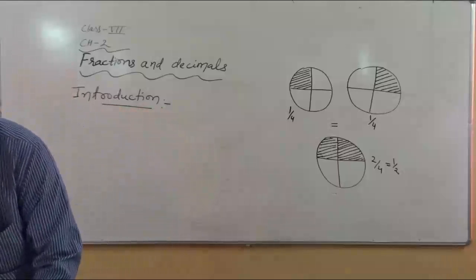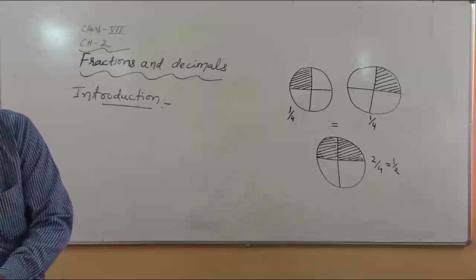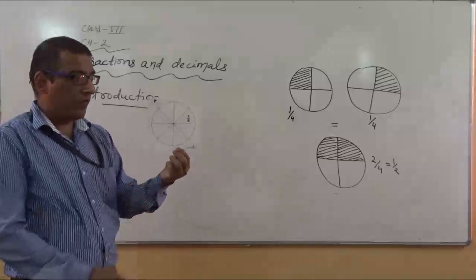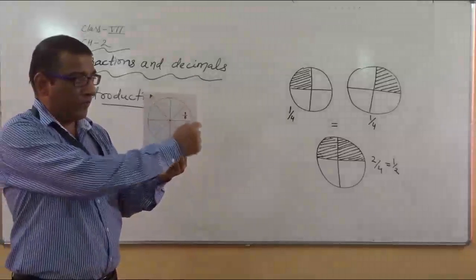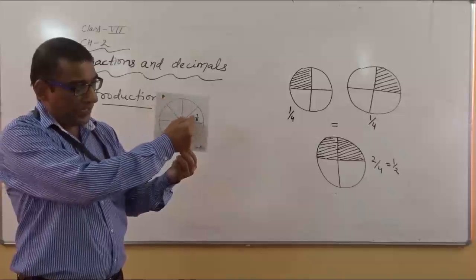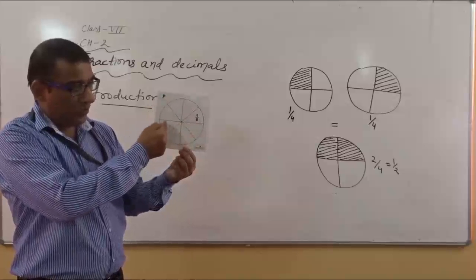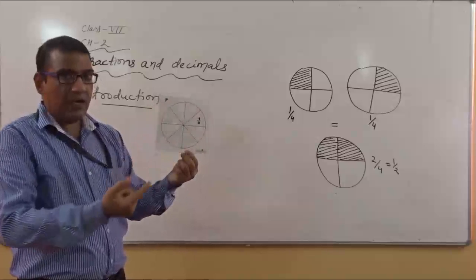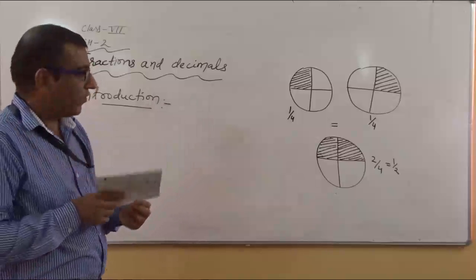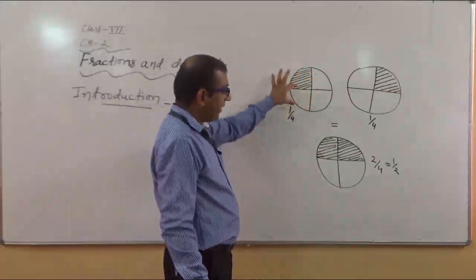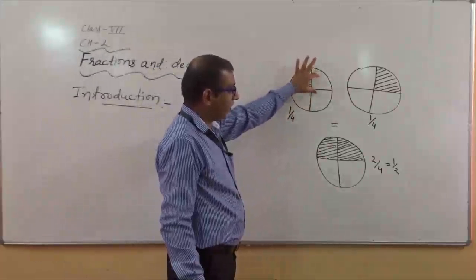If you want to see the diagram of 1 upon 8 in the form of a circle, this is the diagram of 1 upon 8. Only 1 circle is there and different lines are there. Each sector is equivalent to 1 upon 8, and if you add all these 1 upon 8, again you will get 1. Same here, if you see 1, 2, 3, 4, each sector is equivalent to 1 upon 4.